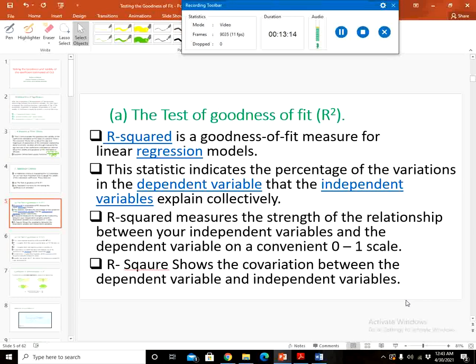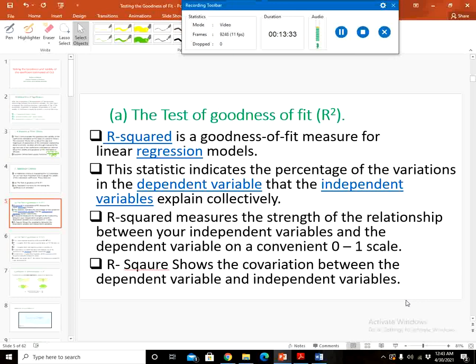The value of R square lies between 0 and 1, meaning that the highest value for the R square will be 1 when 100% of the variation in the dependent variable is explained by the model.